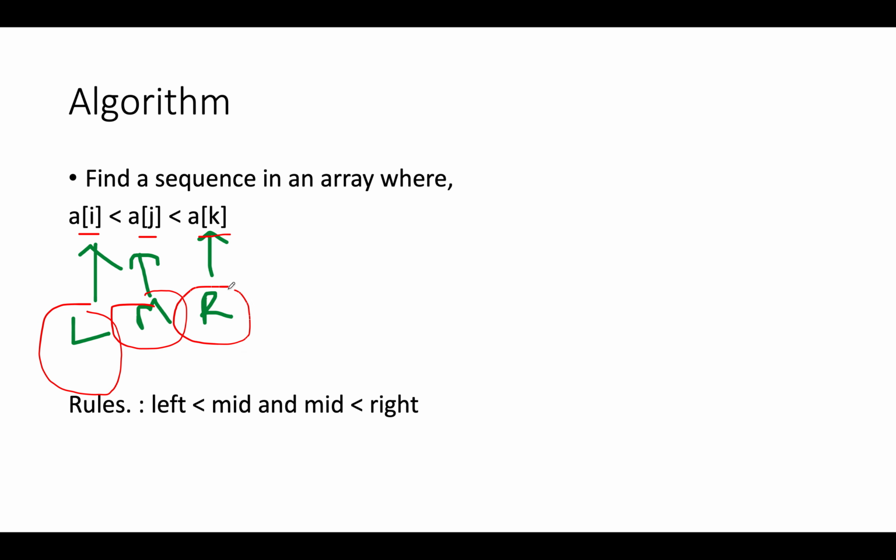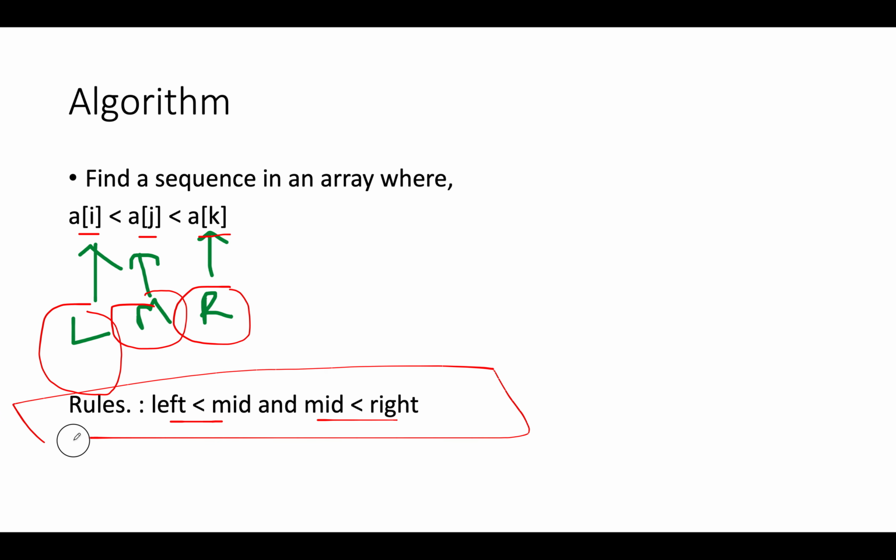And if you are able to identify such a case where left is less than mid and right is greater than mid in the array, then you return true immediately, otherwise you return false.